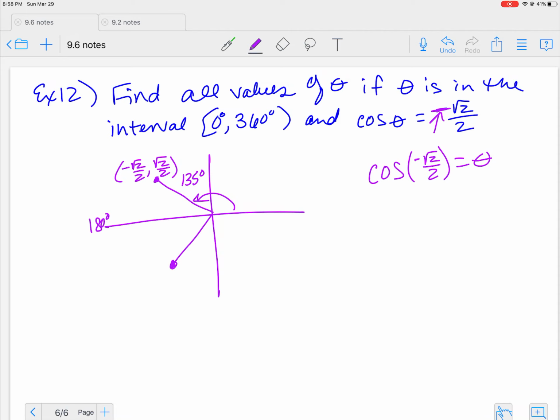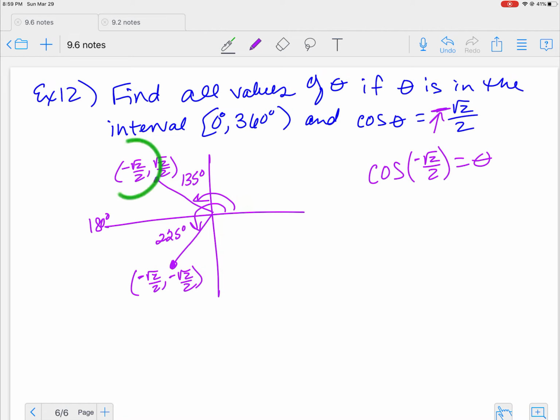This is positive root 2 over 2. Down here, then, if I add an additional 90 degrees, because it's 45 to get there, or I'm going to look at 180. So 180 degrees plus 45, if I'm going all the way around to get there, what's that going to get me to? Yeah, 225. Okay, good.